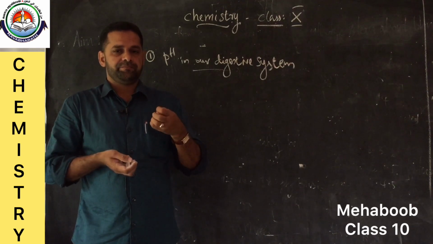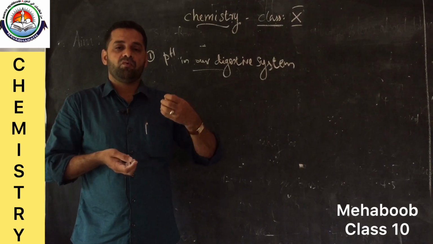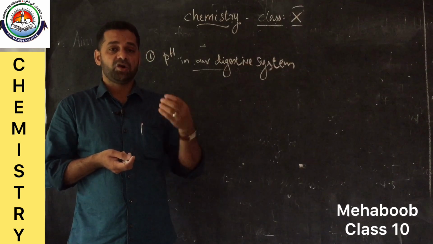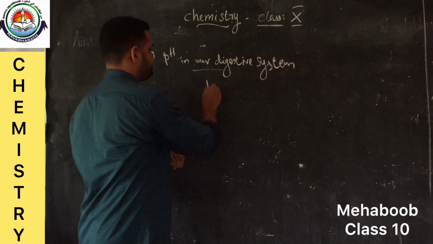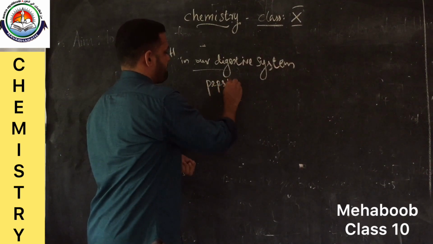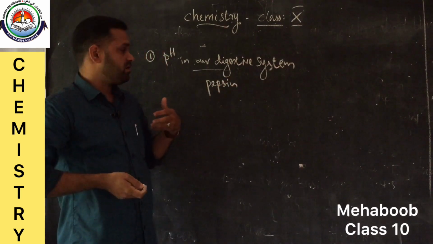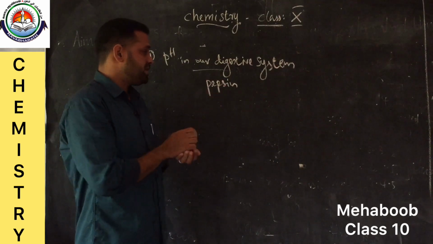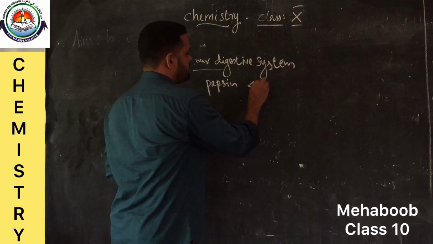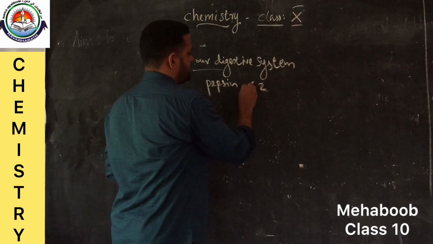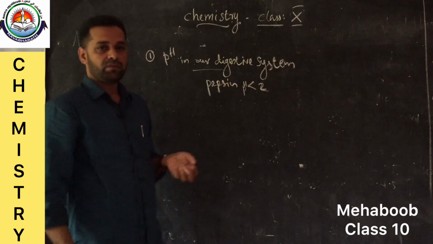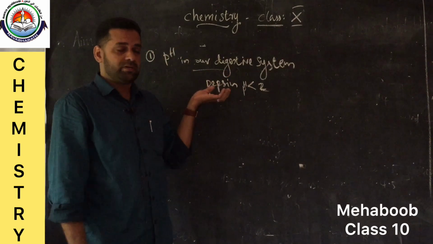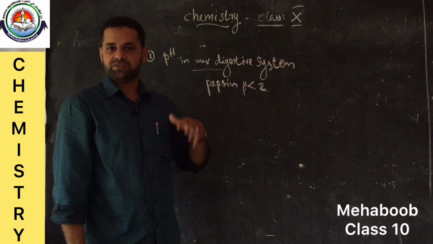And this acid catalyzes the action of enzymes like pepsin, an enzyme produced in our stomach. It does so by keeping the pH less than 2. This acid helps in the digestion process in our stomach.